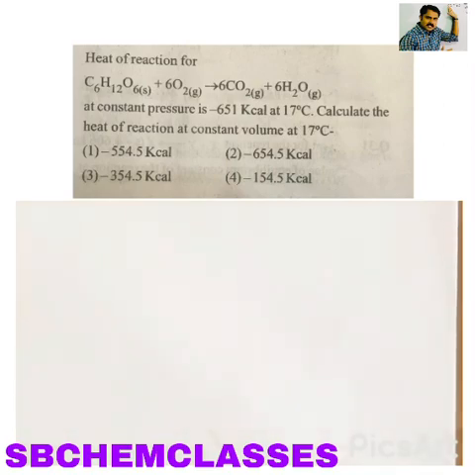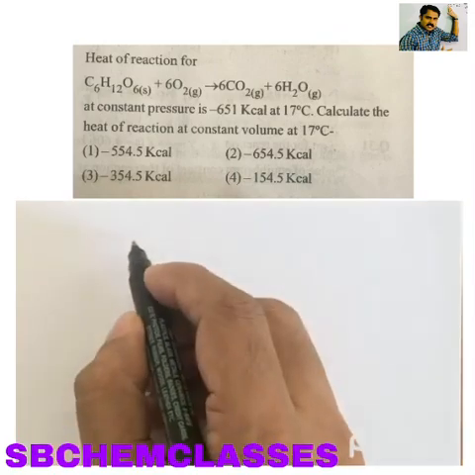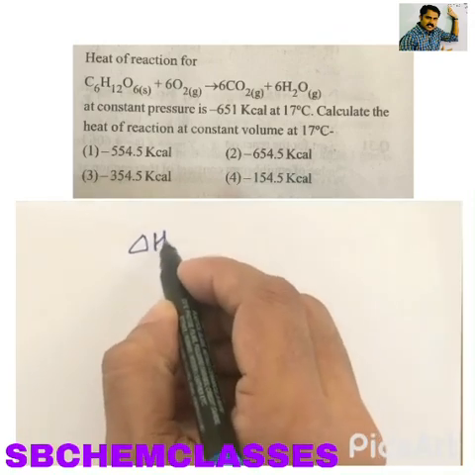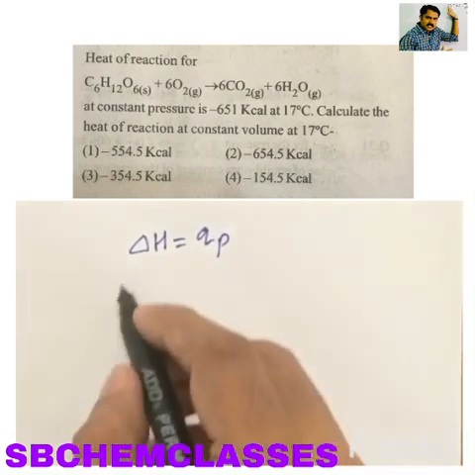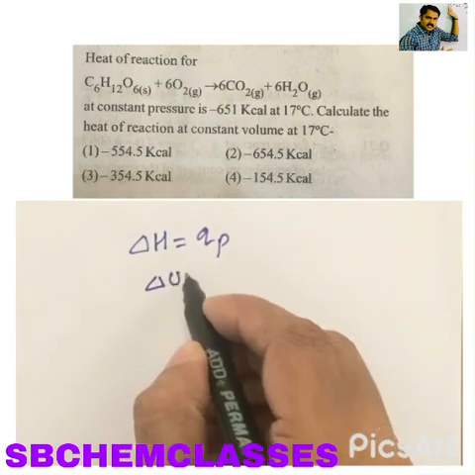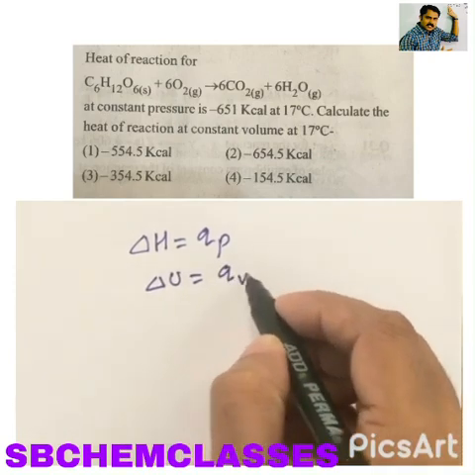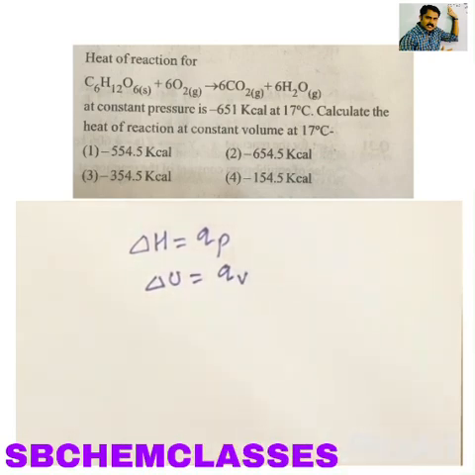Heat of reaction for this reaction at constant pressure is given as minus 651 kilocalorie at 17 degrees Celsius. We have to calculate the heat of reaction at constant volume. Heat of reaction at constant pressure is known as enthalpy. Heat of reaction at constant volume is known as internal energy.